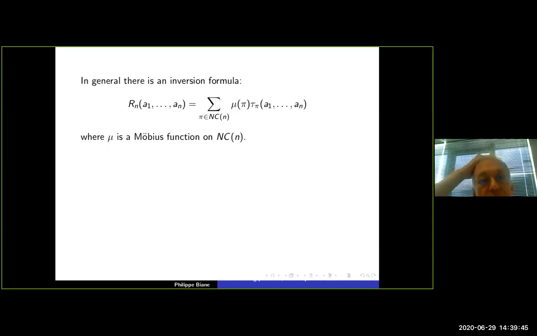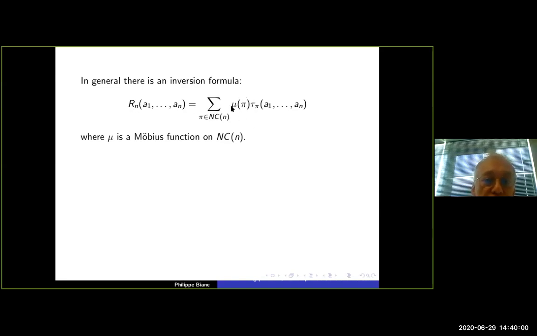Okay, and now in general, I gave you the formula for the first ones, but in general, there is an inversion formula that you can find. It is given by a sum. So Rn of A1, ..., An is given by a sum.